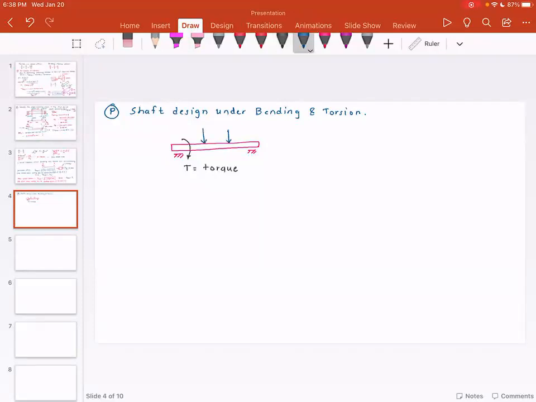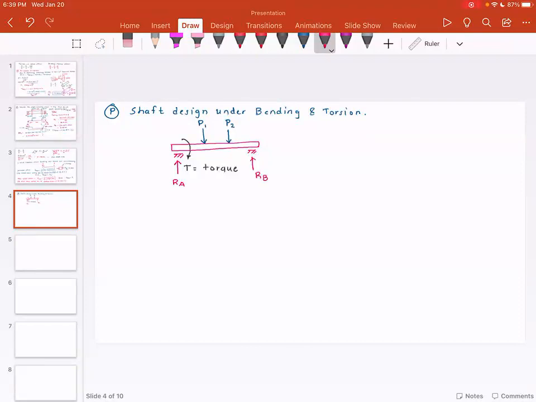So there is a load P1 and there is a load P2. Now these loads could be because of the pulleys, or they could be because of the gears, or they could be because of some other machine elements that are on the shaft. So what we need to do is, first and foremost, find out the reactions. I'm going to call this RA and I'm going to call this RB.